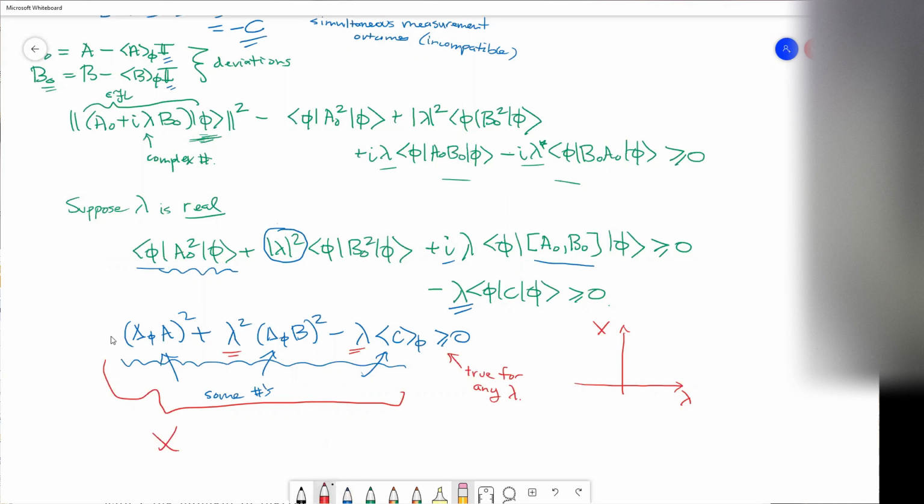So this quantity x has to form some kind of parabola. And for any value of lambda, this x can't go negative. So this parabola has to be pointing up, and its minimum can't go down into the negative values. Hopefully that makes sense.